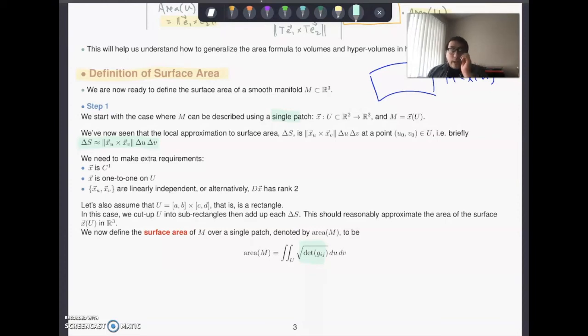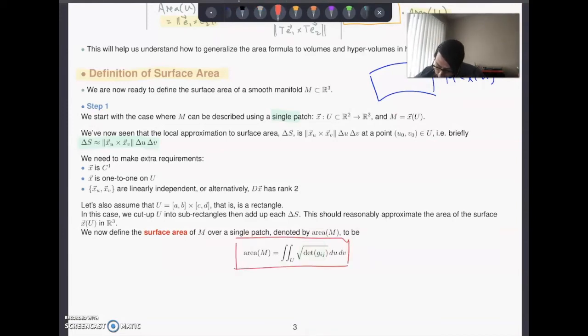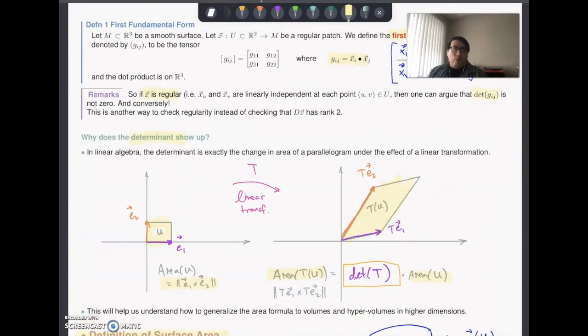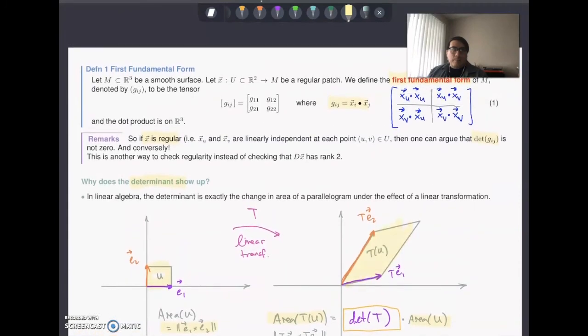All right, so that will give us a pretty good definition of area. Let's go ahead and box this. So this is step 1, which is a single patch. We integrate over U, over the variables du, dv, the square root of the determinant of this matrix Gij, which we gave earlier up here.